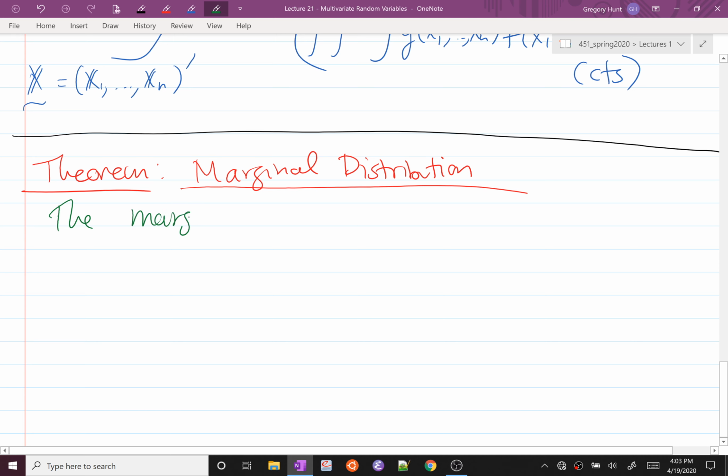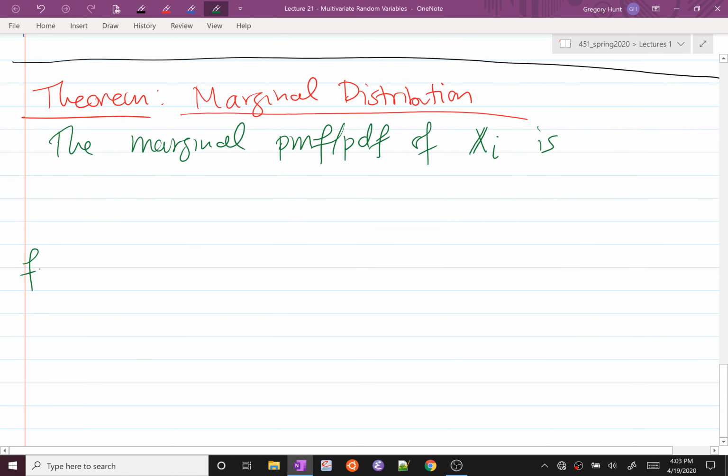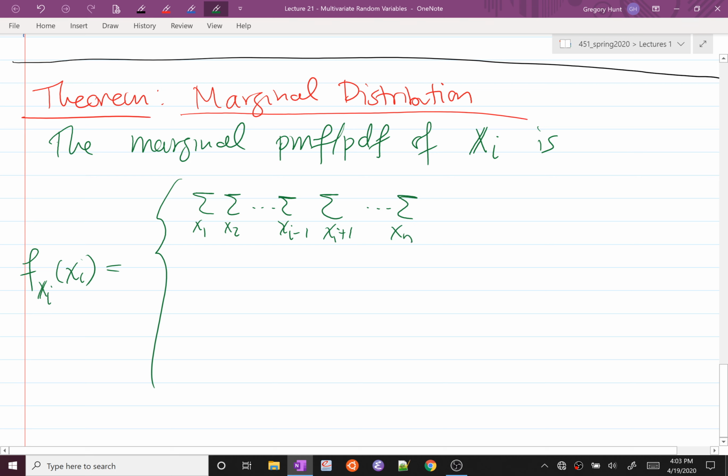The marginal PMF or PDF of x sub i is, well, we have two cases. f of x sub i, in the discrete case, we're just going to sum over x1, x2, all the way up to x sub i minus 1, skip x sub i, sum over x sub i plus 1, all the way up to summing over x sub n.